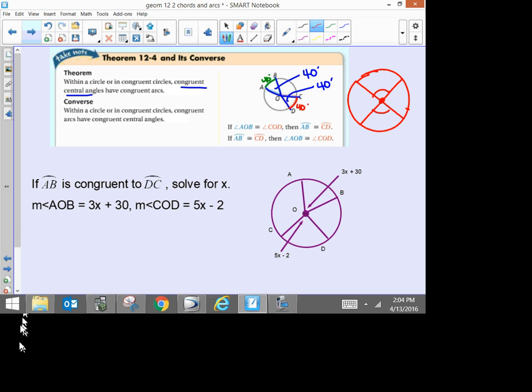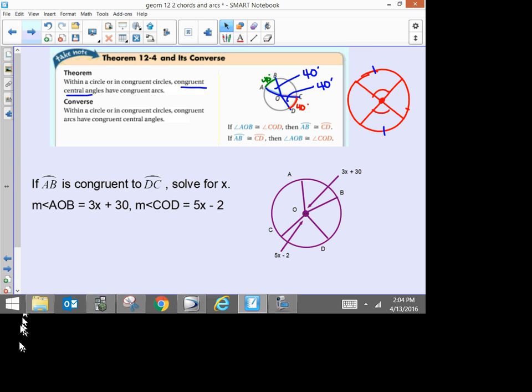Why? Vertical angles. Which makes this arc congruent to this arc, regardless of what number you could attach to it. That's one of those things you have to look for, because we're going to find the degrees of arcs, and then we might need to know the angles with it, may or may not.